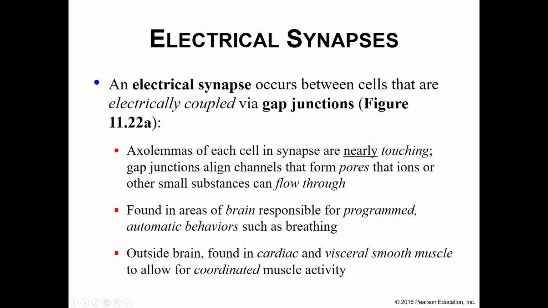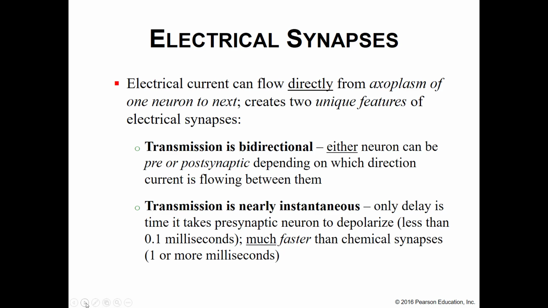And those gap junctions will allow ions or other small substances to flow, which allows a more rapid transduction of the action potential from the presynaptic to the postsynaptic. Another unique feature of our electrical synapses is it can be bidirectional, whereas our chemical synapses are only unidirectional. So chemical synapses can only flow in one direction, but with electrical synapses, it can flow back and forth between the presynaptic and postsynaptic.